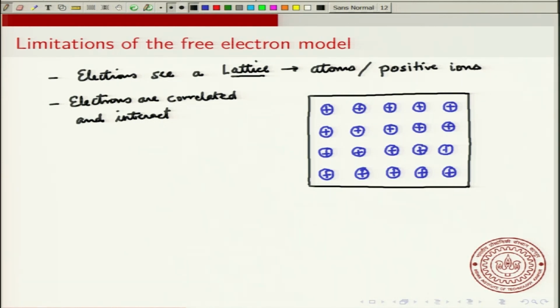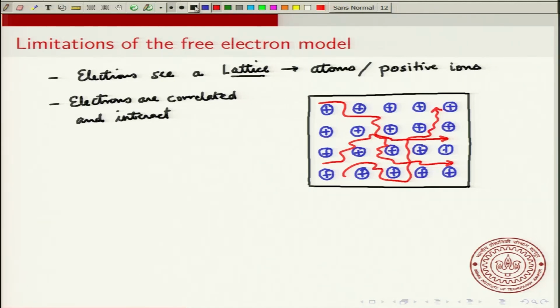One electron will see the other electron. So it's not just moving freely, it will encounter the other electrons, and that might affect its motion. And so this picture has to be modified to take electron interactions and electron-ion interactions. So, these are some of the limitations.